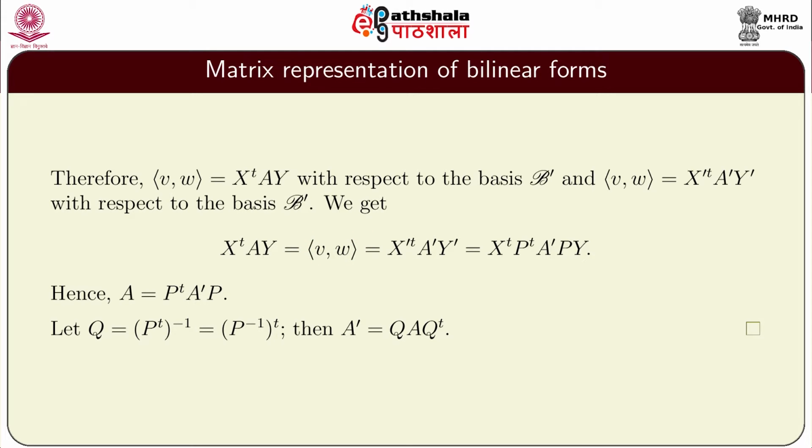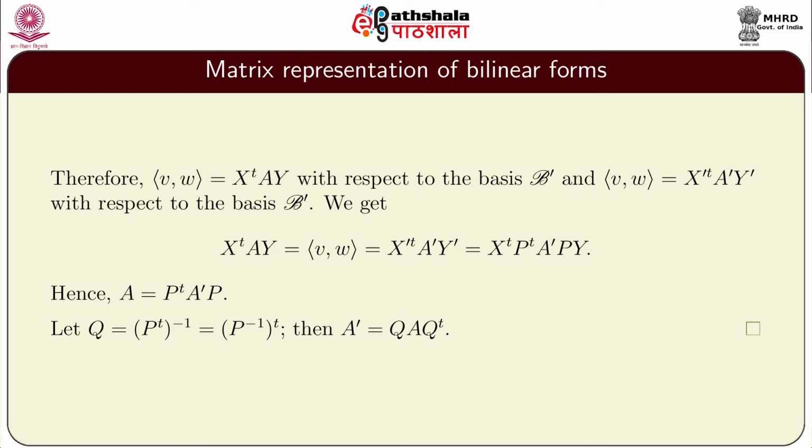We have that x transpose Ay is equal to x dash transpose A dash y dash, but we know that x dash is given by Px and y dash is given by Py. Therefore, this expression becomes x transpose P transpose A dash Py.